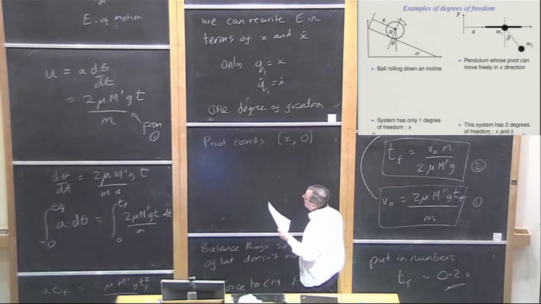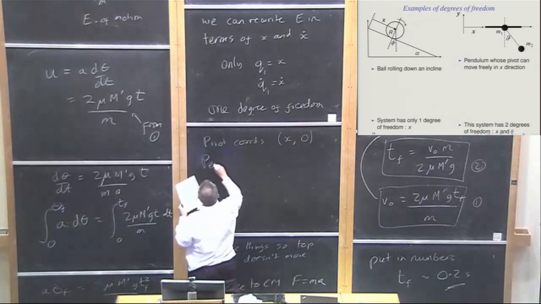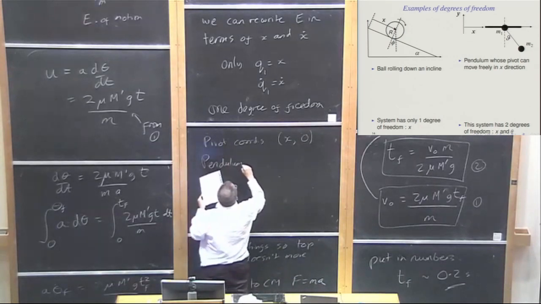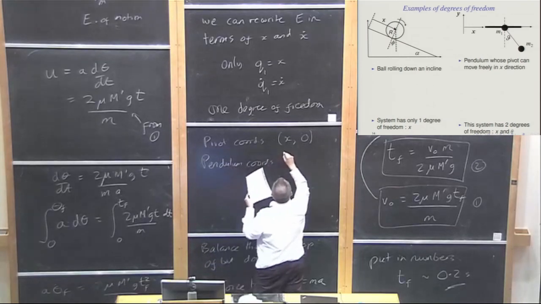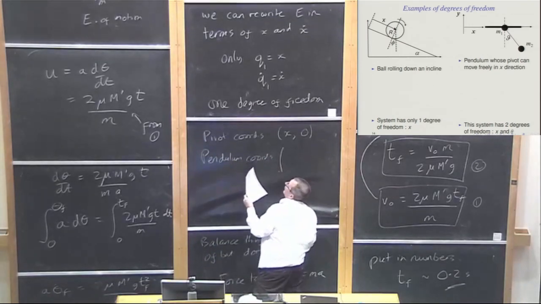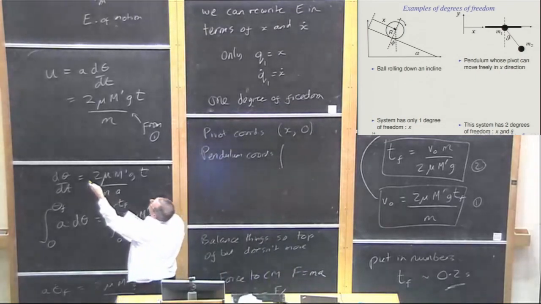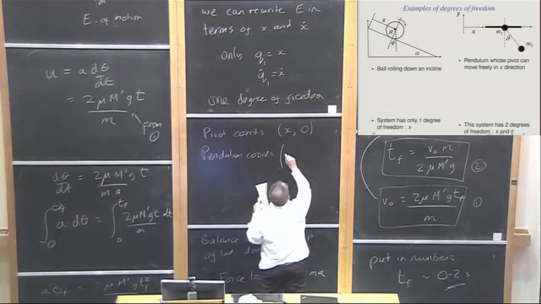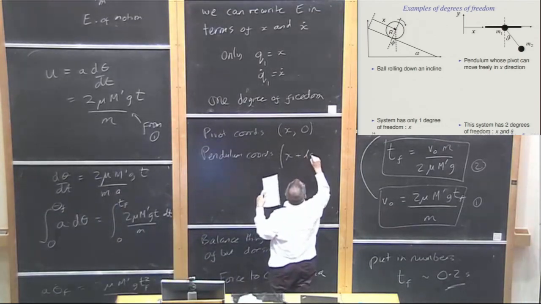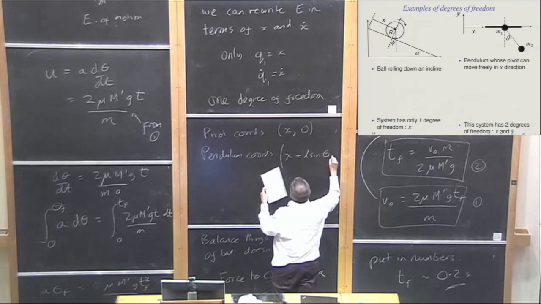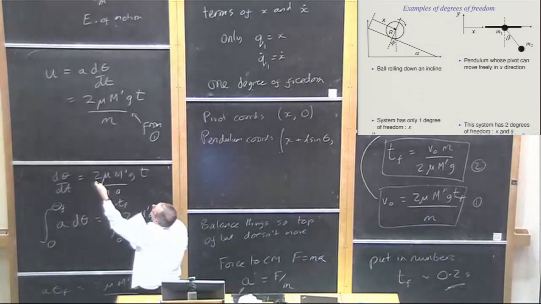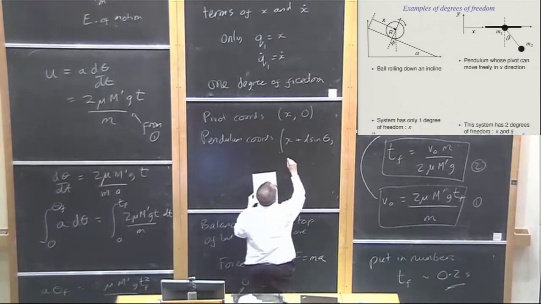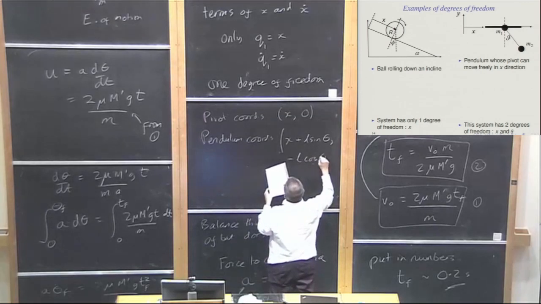Now the coordinates of the pendulum bob will be, if you think about it, x along, and then if this length is L, then you have L sine theta. So x plus L sine theta. And then the distance downwards in y will be minus L cosine theta.